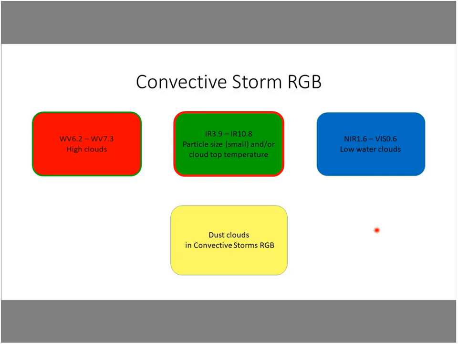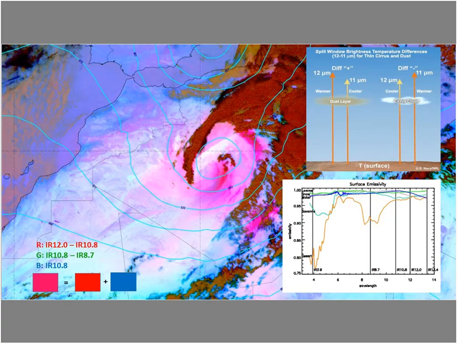If we switch to the dust RGB, the RGB whose main intention is to detect dust, we can see that the dust is quite nicely shown here with this pinkish magenta color, and the red color shows us the high, thick ice clouds.